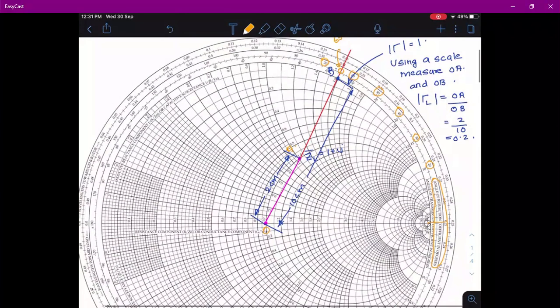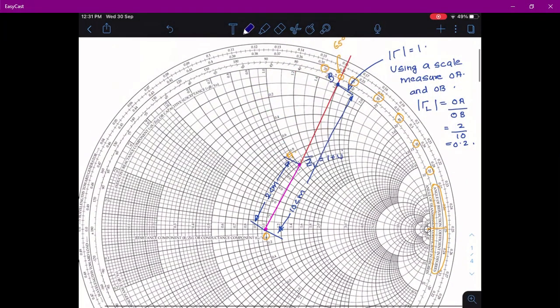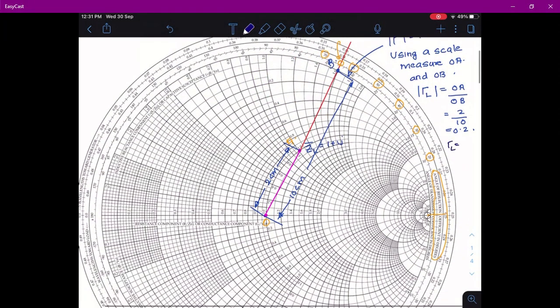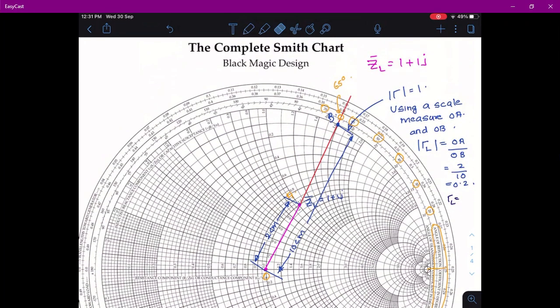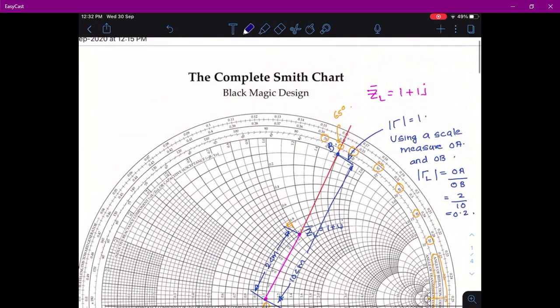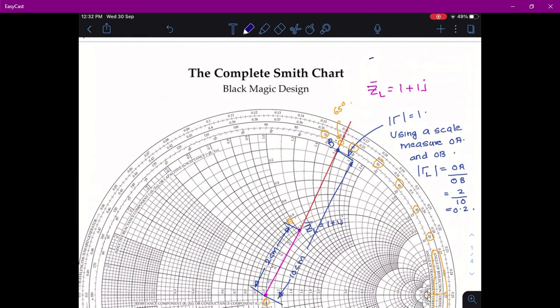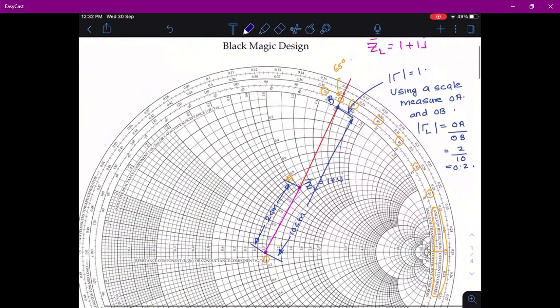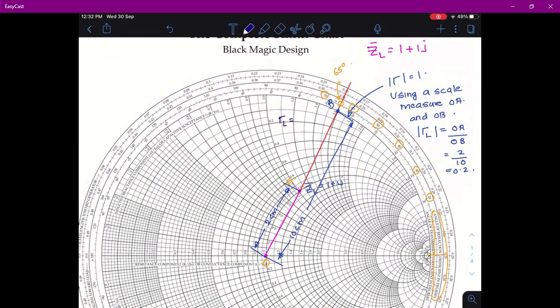So the complete value of reflection coefficient tau L is equal to 0.2 e raised to j 65 degree, because our reflection coefficient tau L, I can represent as mod tau L e raised to j phi, where phi is 65 degree.